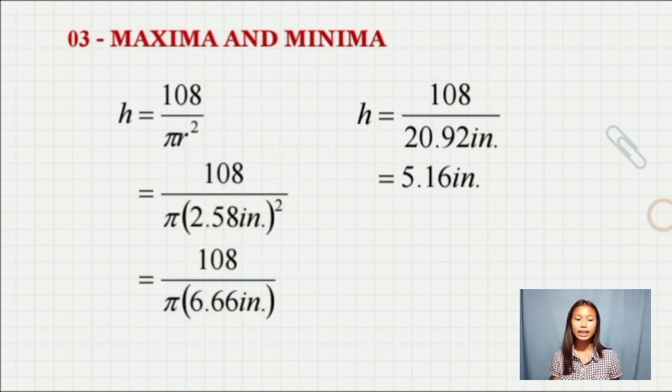For us to get the height of our closed cylinder, we will use the equation that we already used earlier, which is 108 over pi r squared.